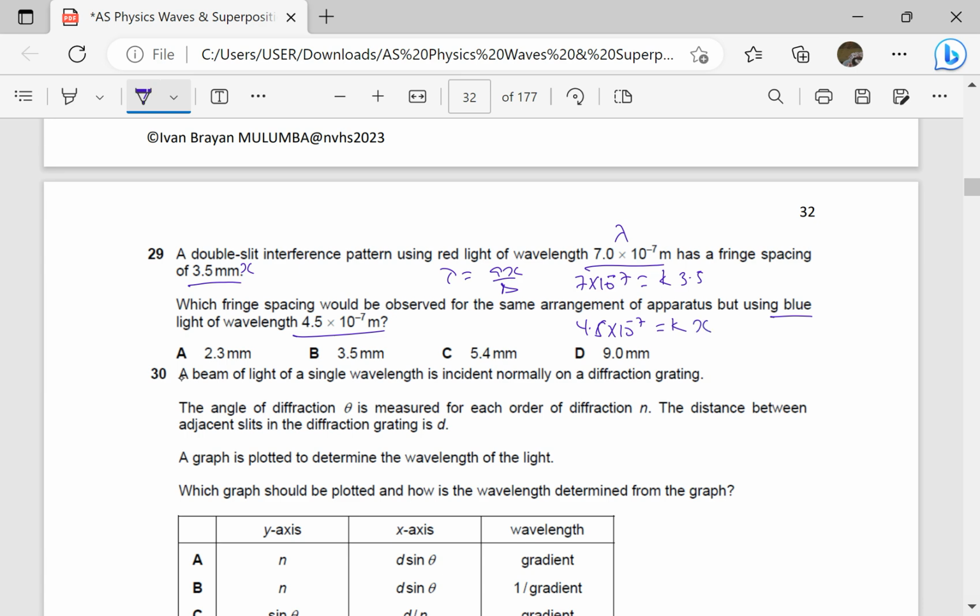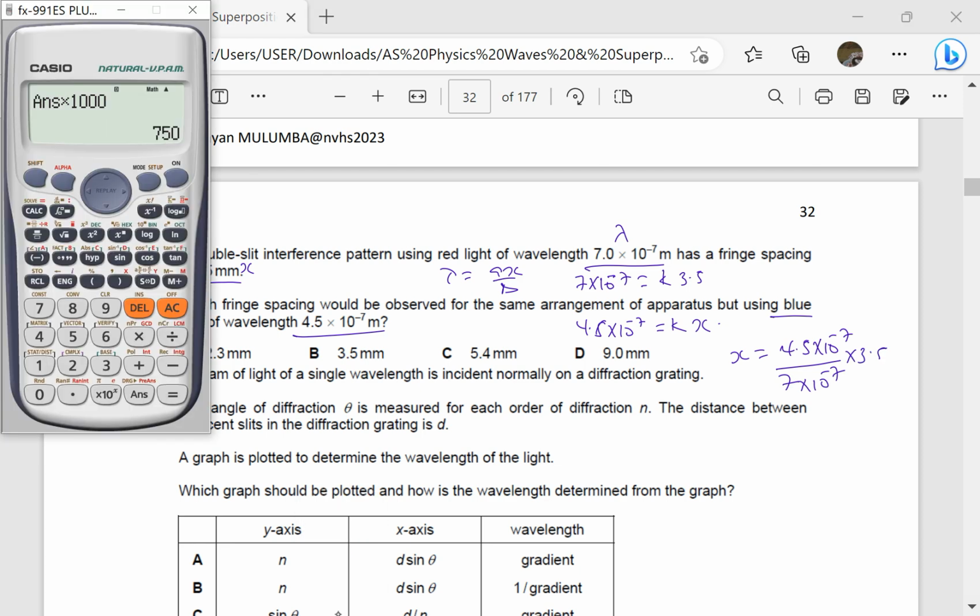I make x the subject, and the constant cancels out. I'm dividing this equation by the other one. So x is equal to 4.5 times 10 to the power negative 7 divided by 7 times 10 to the power negative 7, times 3.5. We just divide the two equations, then make x the subject.